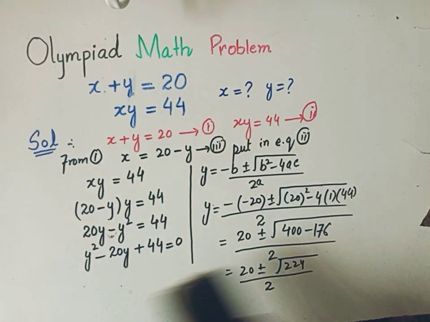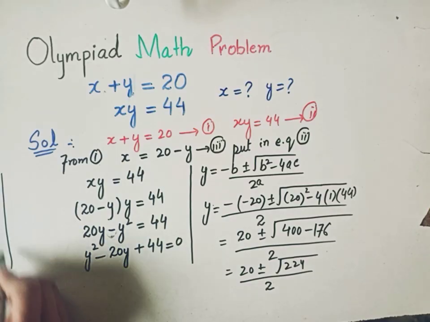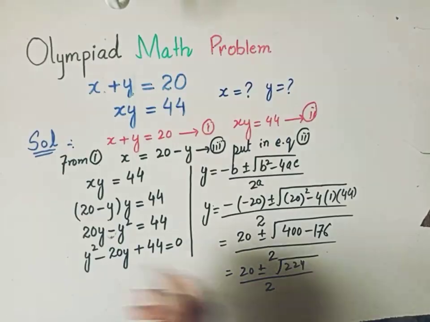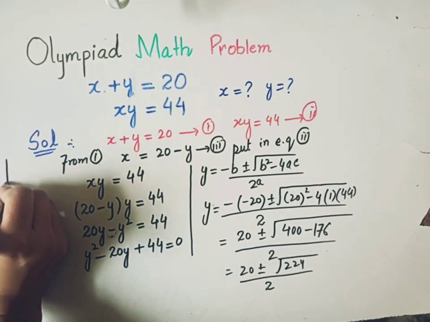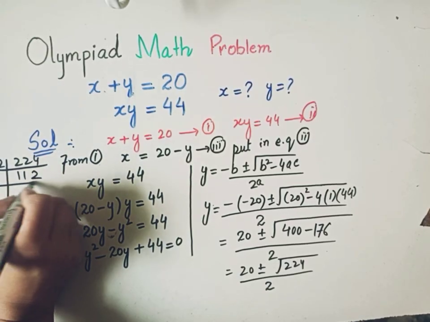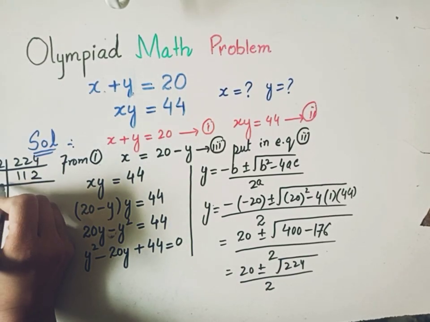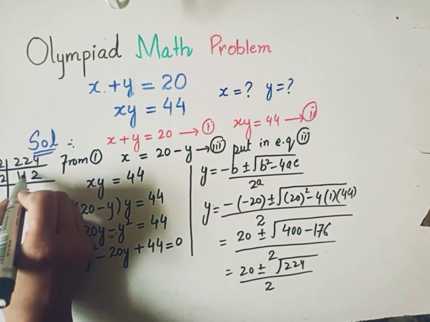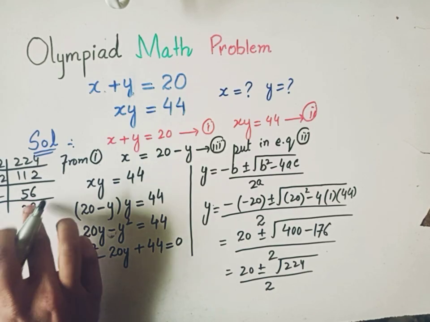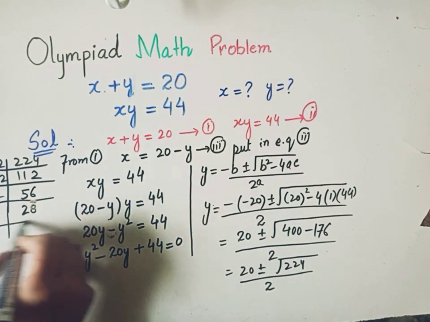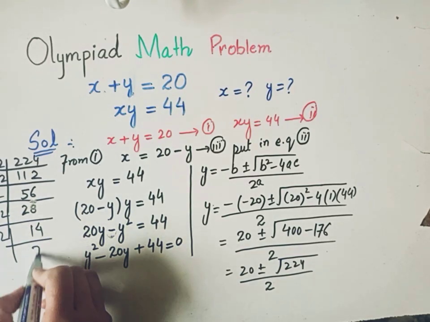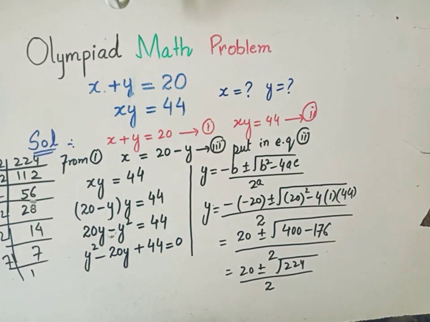Now, we will take the LCM of 224 here. So, 224, we take the LCM, so this will become 2 ones are 2, 2 twos are 4, 2 fives are 10, 2 sixes are 12, then 2 twos are 4, 2 eights are 16, 2 ones are 2, 2 fours are 8, 2 sevens are 14 and 7 ones are 7.